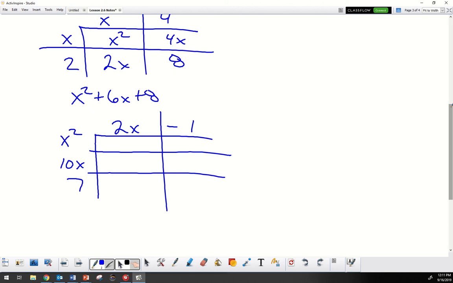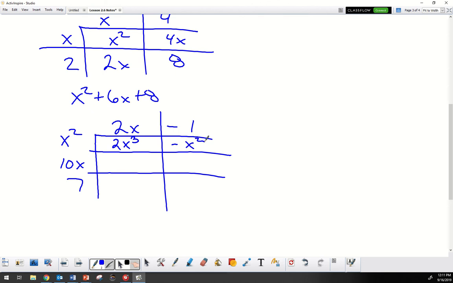Alright. X squared times 2x is 2x cubed. X squared times negative 1 is negative x squared, right?